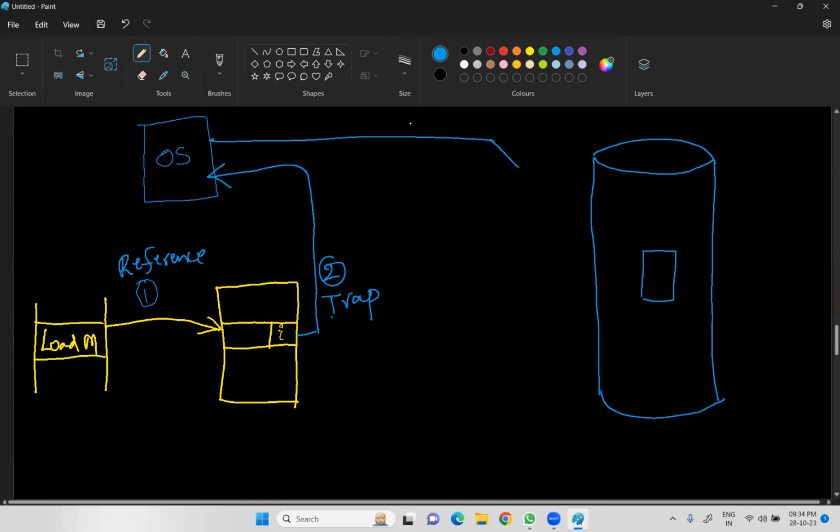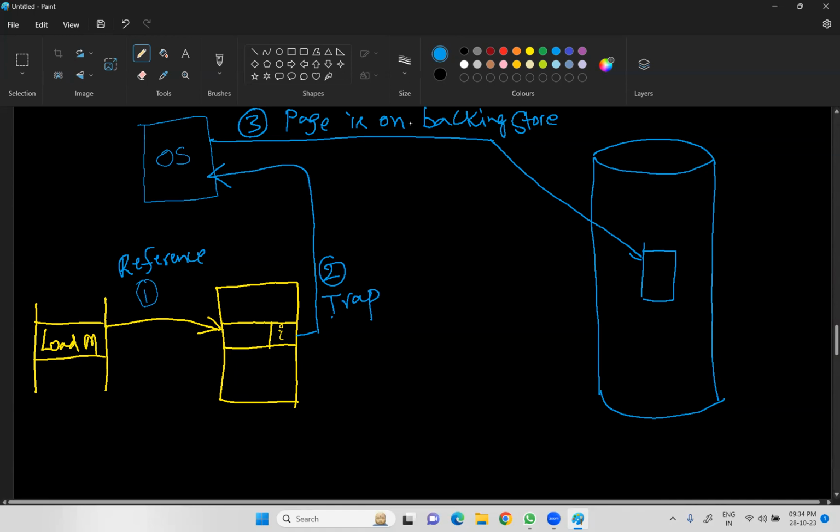Okay. If that particular page is located, so this is the third operation. Operation number 3: the page is on the backing storage device or not.